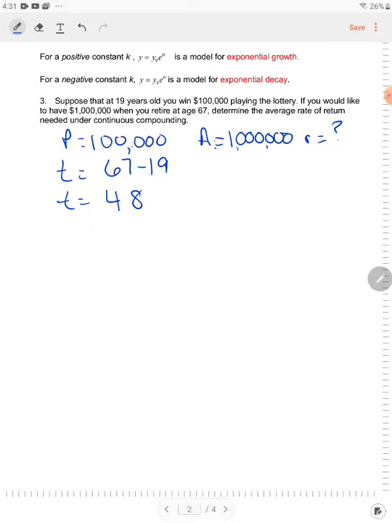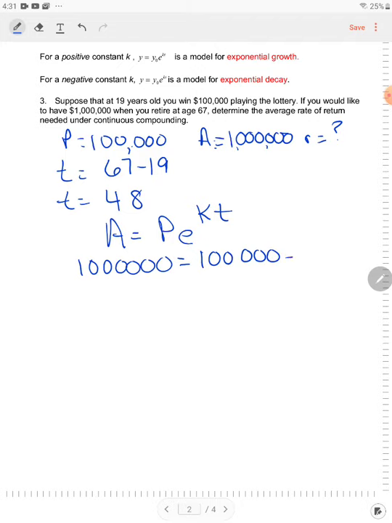So your formula is A is equal to, now, because it's money, we usually use Pe to the rt. But let's practice with this. k is a growth model. So A equals Pe to the kt. So 1 million is equal to 100,000 e to the r times 48.